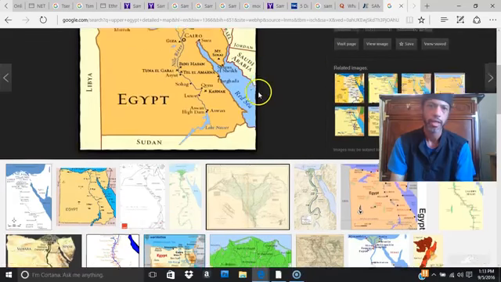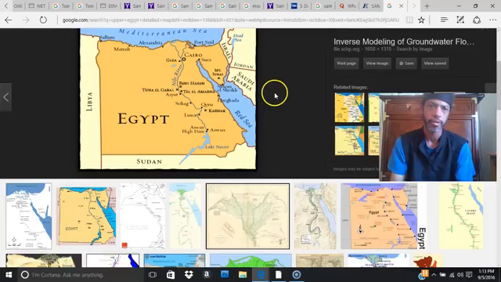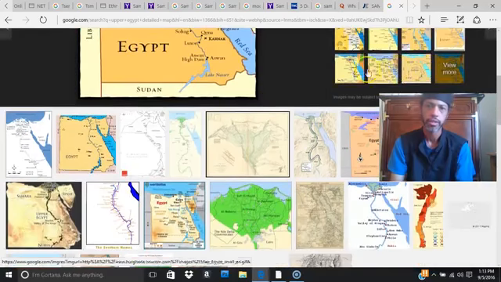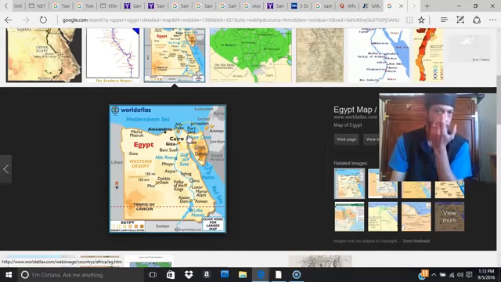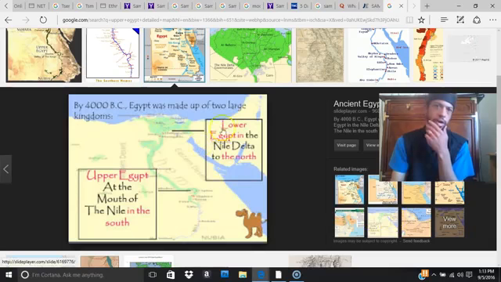No, I clicked detailed, and this was what they gave us. Well, let's look in another area and see if we can find something that points out what's what. All right. So Lower Egypt in the Nile Delta to the north. So this is Lower Egypt. Now, Upper Egypt is down here at the mouth of the Nile in the south.